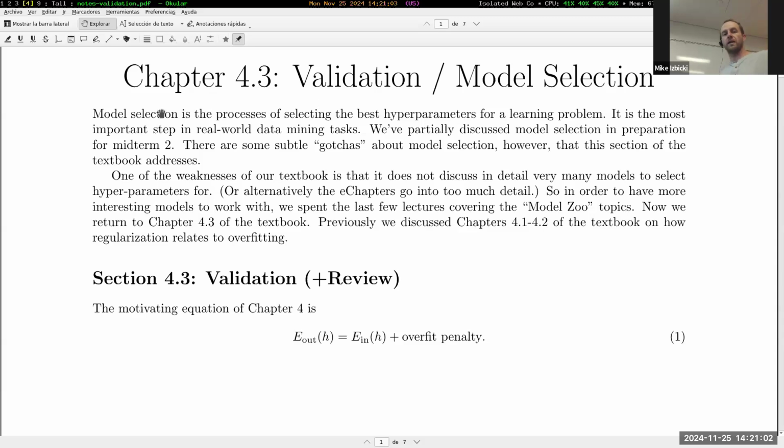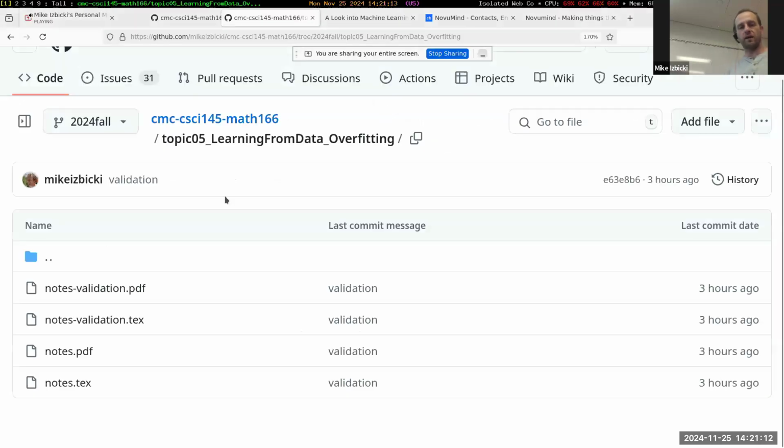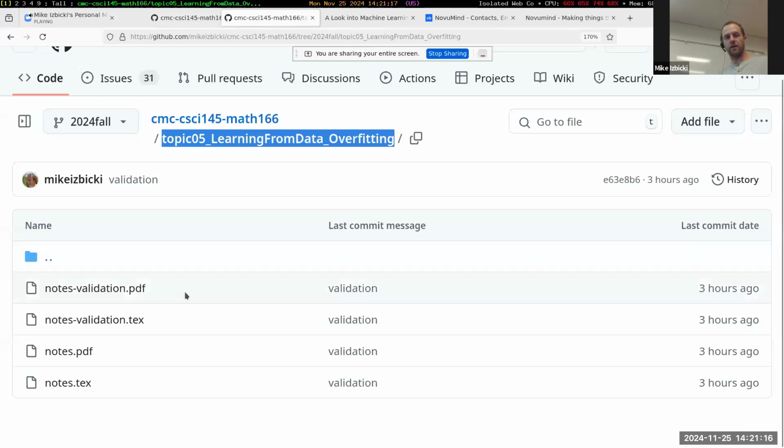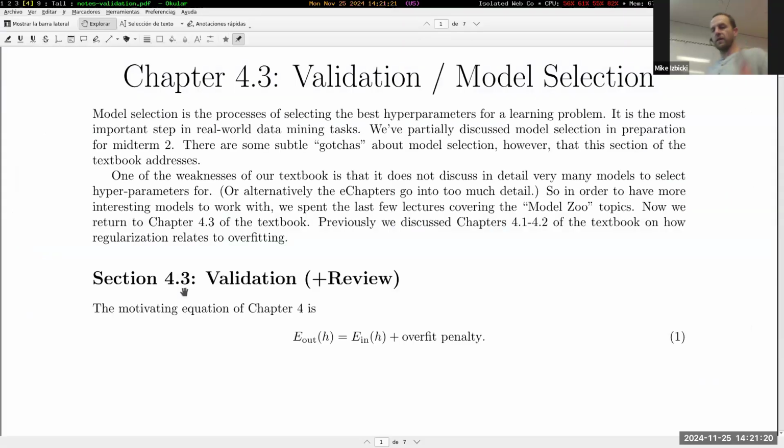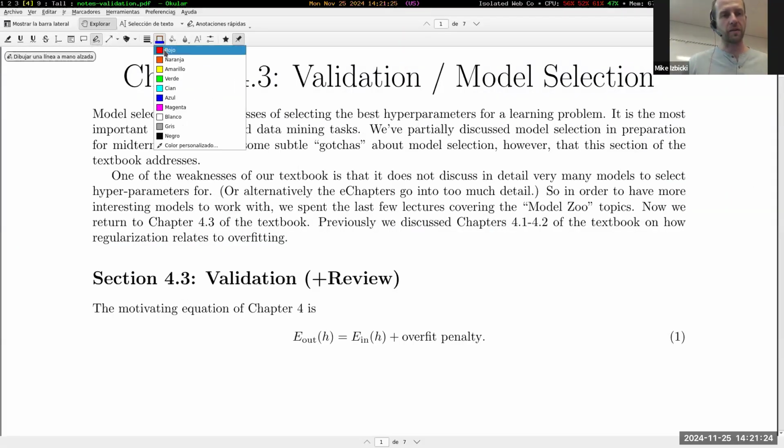So we're coming back to the textbook now, chapter 4.3, to talk about the best ways of selecting which one of those models to use. This PDF file is located electronically in topic 5, this notes validation.pdf. And this is the last thing from the textbook that we will talk about this semester.